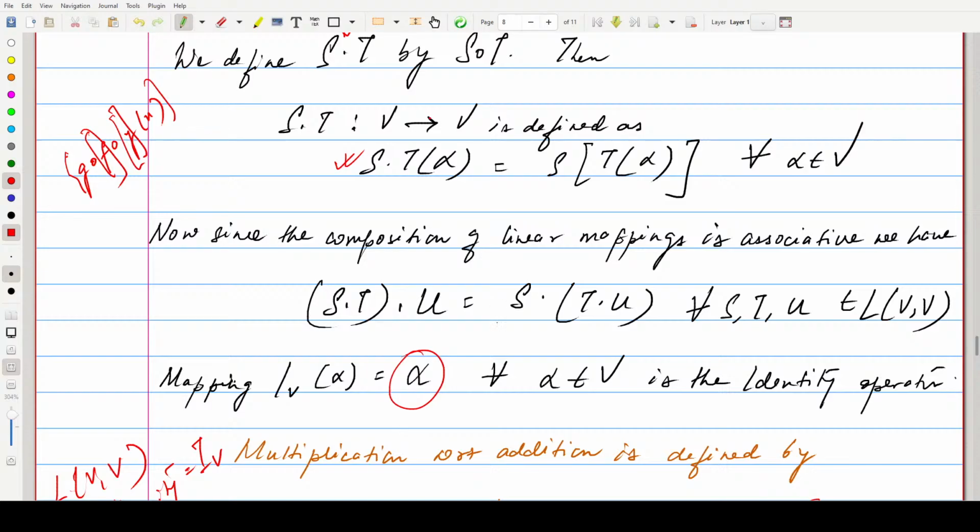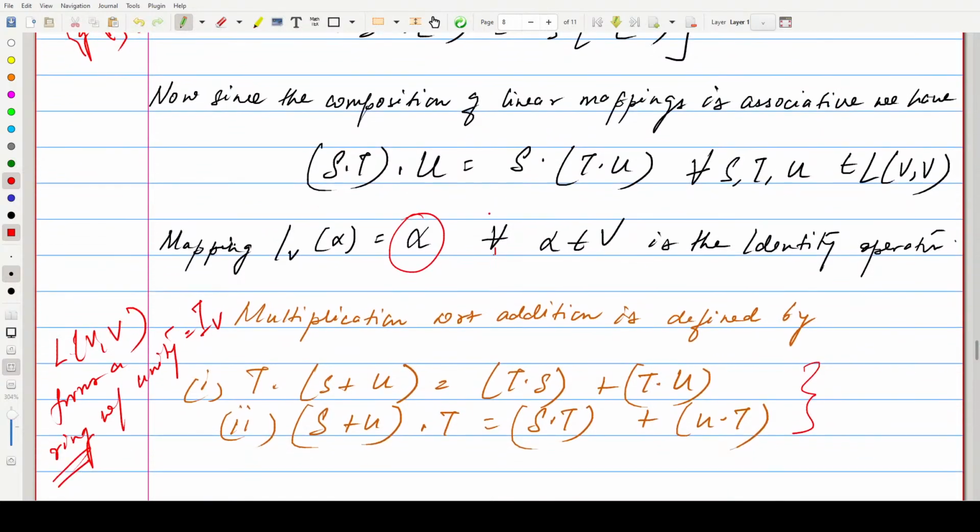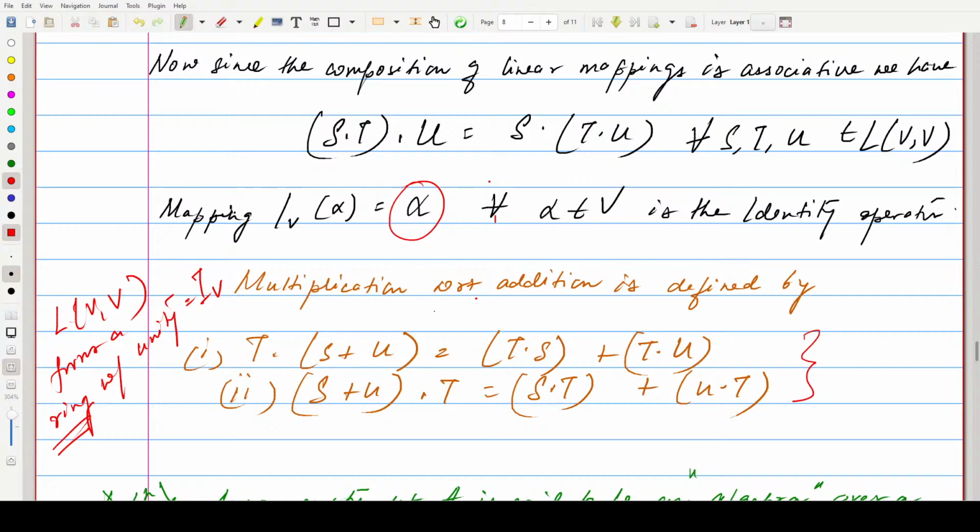and that is called the identity operator, right? An interesting thing to note is that multiplication with respect to addition needs to satisfy the distributive laws. So we have T dot (S plus W) equals T dot S plus T dot W, and (S plus U) dot T equals S dot T plus U dot T. Very simple, and remember we're dealing with functions over here.